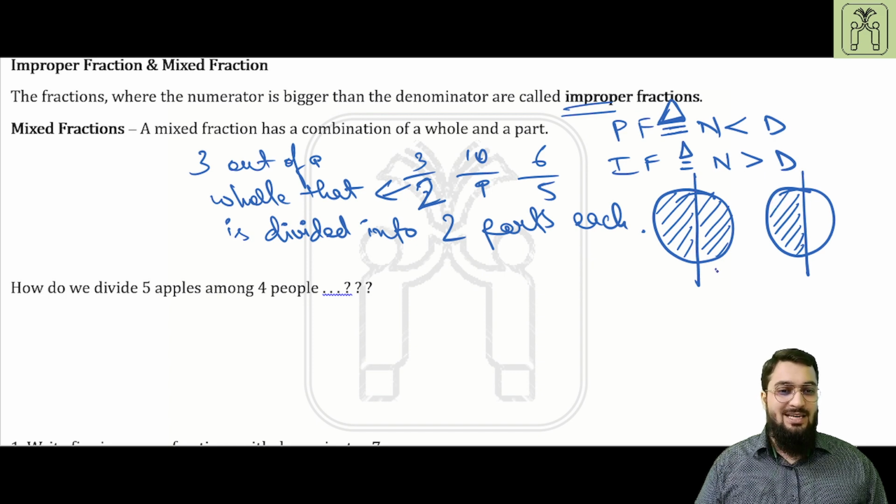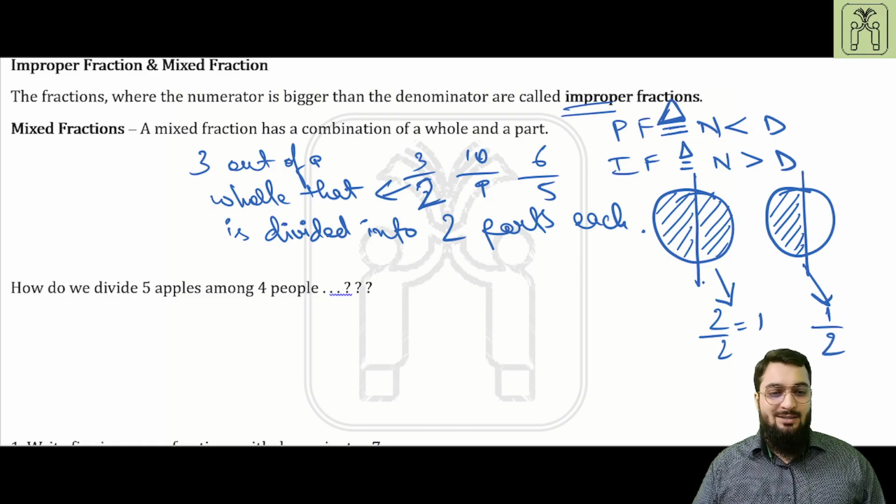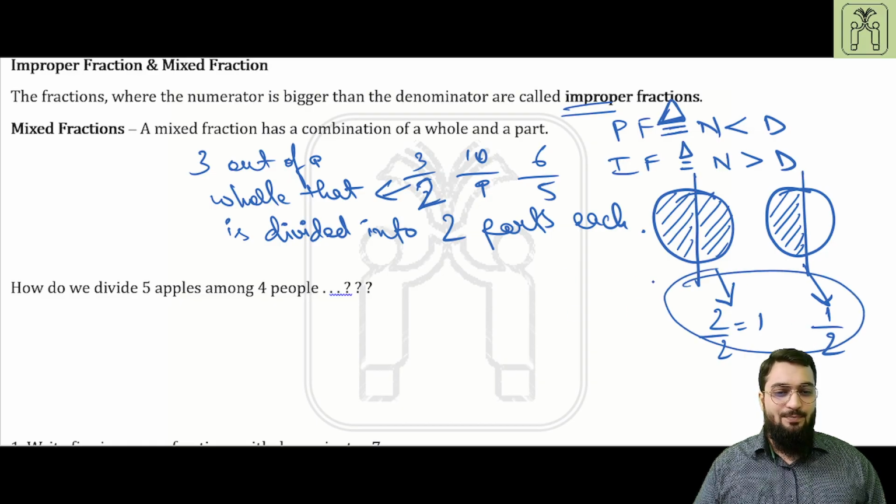That is, it comprises one full part, that is 2 upon 2, which is equal to 1, and another part which is a proper fraction, that is 1 upon 2. When these two things are combined and written in the improper method, that is 3 upon 2, and when written in the mixed fraction manner, that is 1 whole and 1 upon 2.